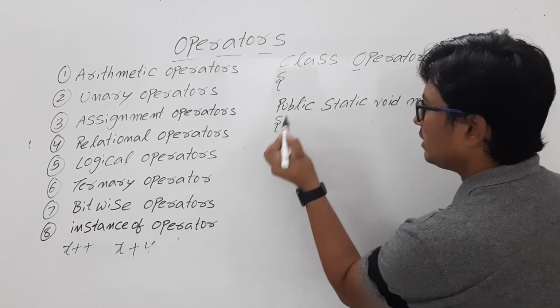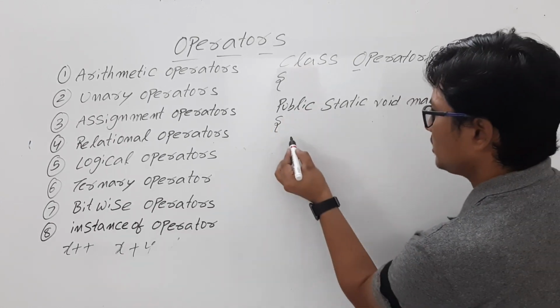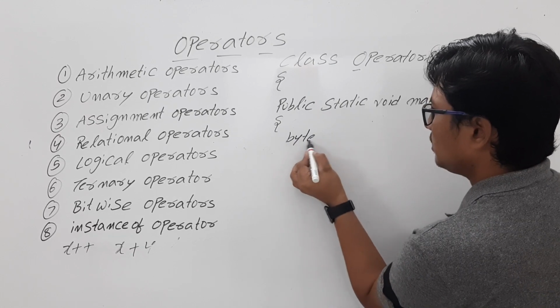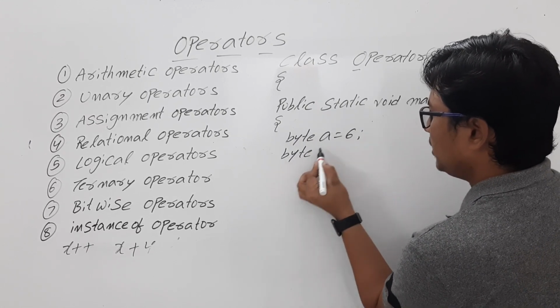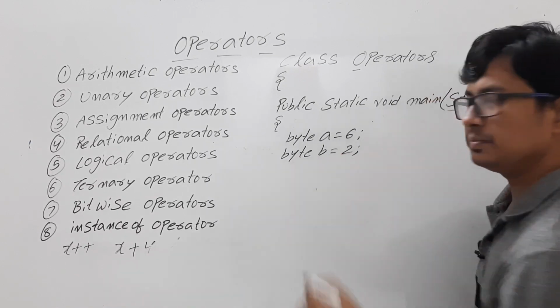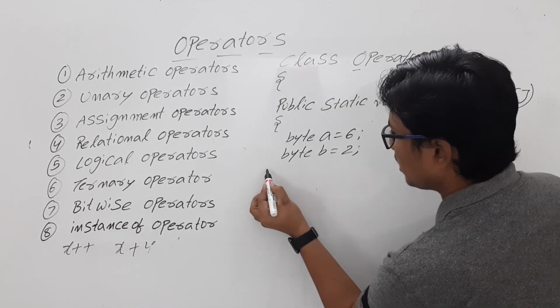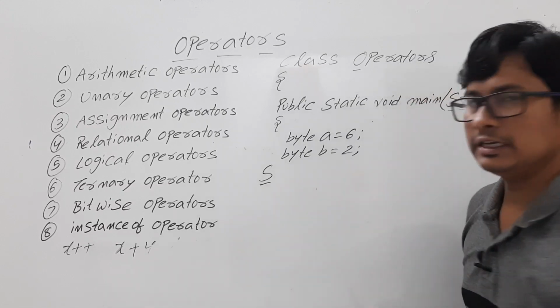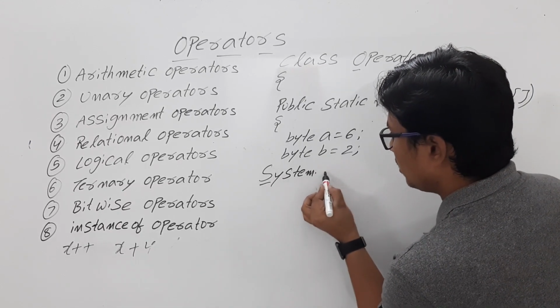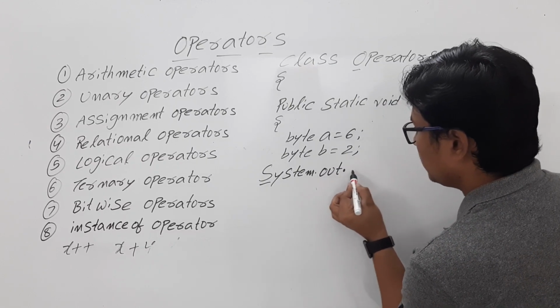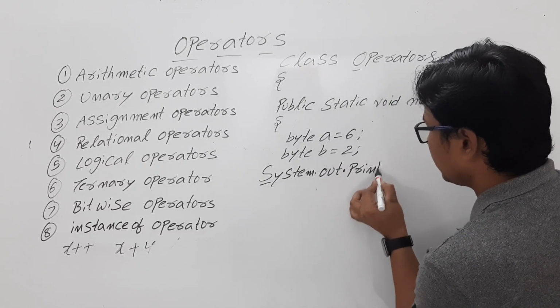And then I will write, let's take byte A is equal to 6, byte B is equal to 2. Then I will write System, S should be capital, System.out.println.